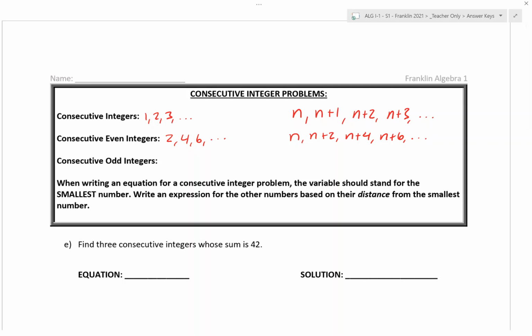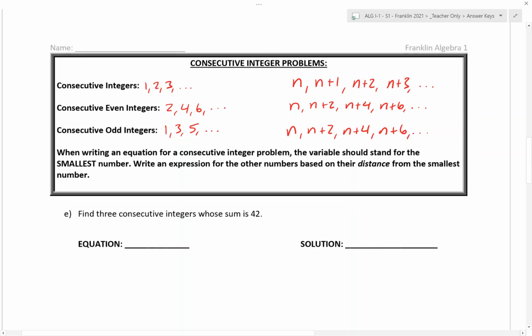Consecutive odd integers, these would be the odd numbers, like 1, 3, 5, 7, and so on. Now, these expressions would actually be the same as the even ones, because if the first number is n, the second one is also 2 more than the first one. So as far as the math is concerned, even and odd integers look the same. They are all 2 apart.